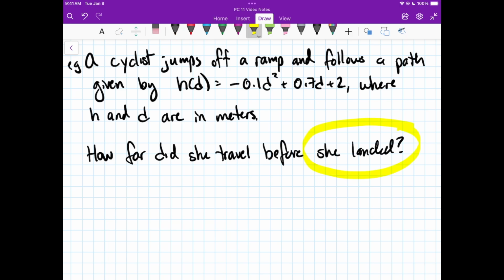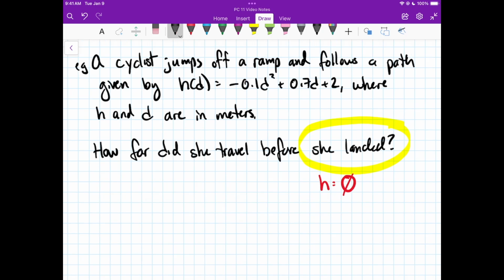So when something lands, when something is on the ground, you got to ask yourself, how high is it? So when something's on the ground, its height is 0. So to solve this, we're going to put 0 in for our height. So we'll have 0 equals negative 0.1 d squared plus 0.7 d plus 2, and then graph that.